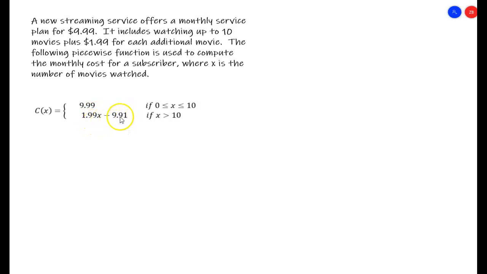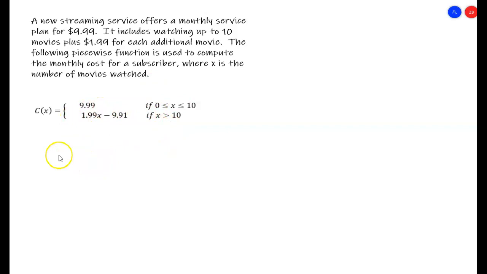But then we have to subtract out that discount that we got for watching 10 movies here, because if we watch actually 10 movies, it only comes out to about $1 per movie. So once we go past the 10, we're having to subtract out all of that savings that we had from the 10 movie deal. So this is the function.